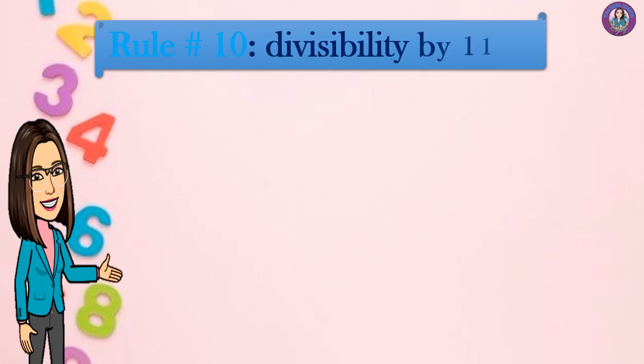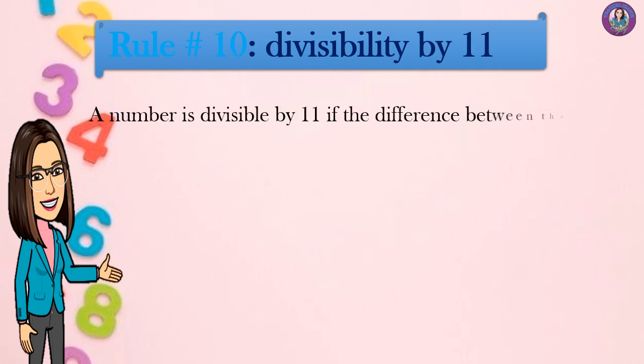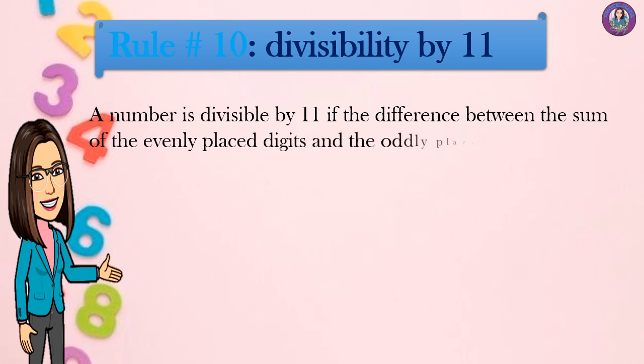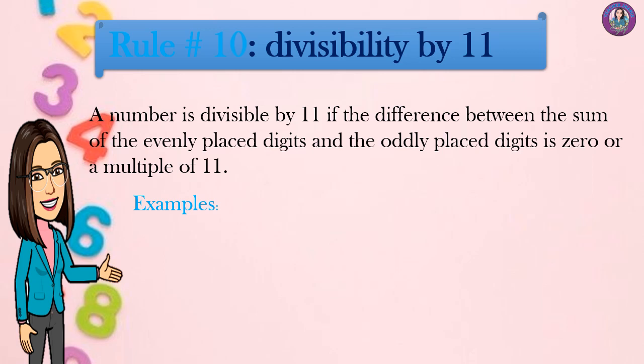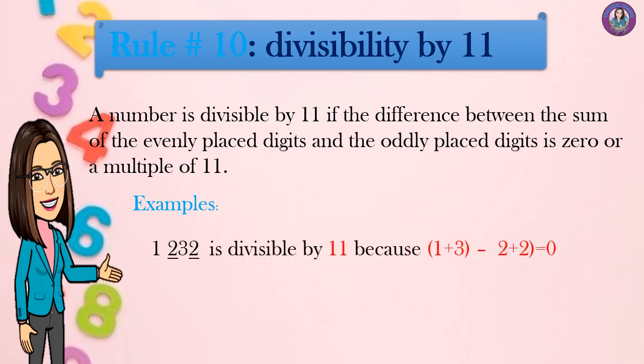Rule number 10, divisibility by 11. A number is divisible by 11 if the difference between the sum of the evenly placed digits and the oddly placed digits is 0 or a multiple of 11. Example. 1232 is divisible by 11. Why?